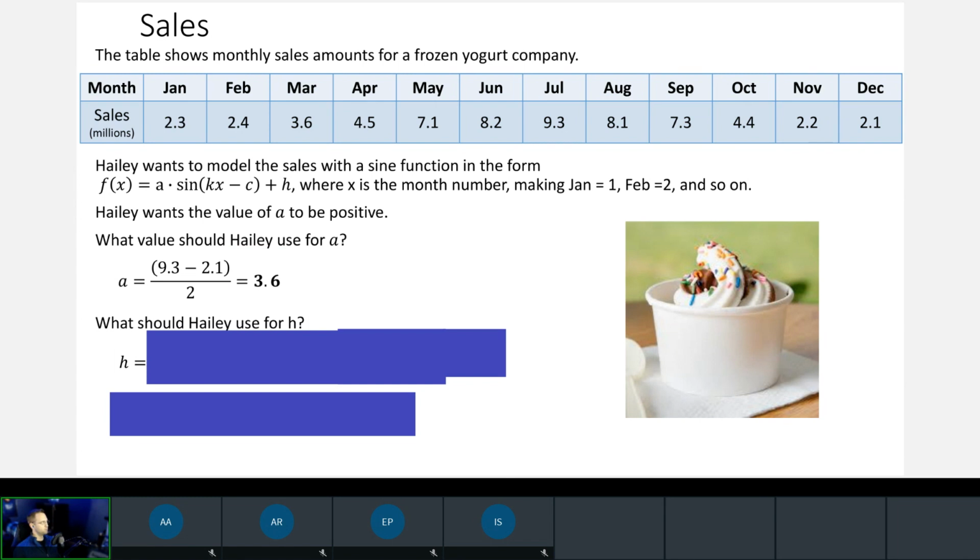All right, what should she use for h? So again, I gave you a formula to finding the height. What is that formula? Amplitude times 2? No, remember, h is your shift, so we're trying to figure out the shift.